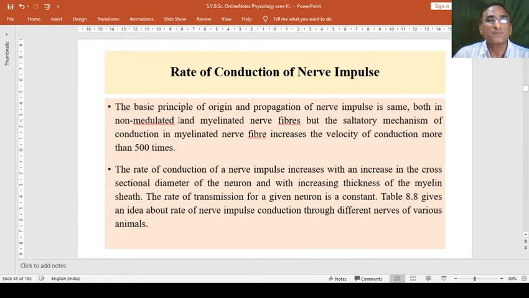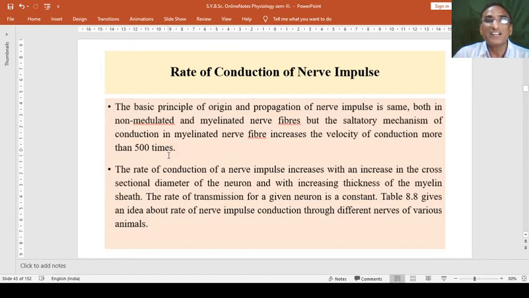The basic principle of origin and propagation of a nerve impulse is the same in both non-myelinated and myelinated nerve fibers, but the saltatory mechanism of conduction in myelinated nerve fiber increases the velocity of conduction more than 500 times.